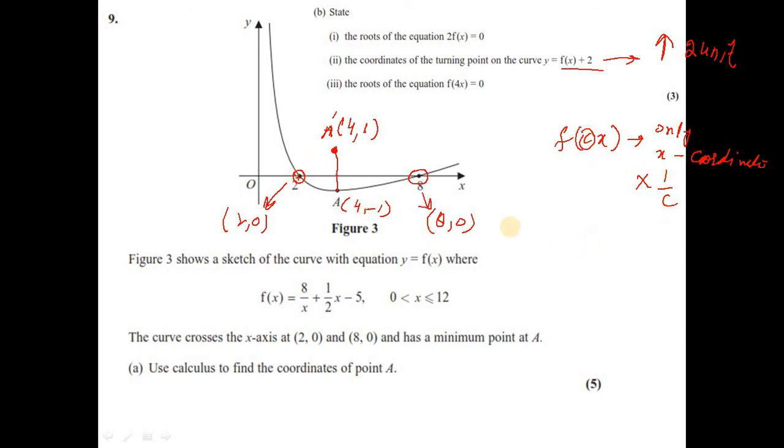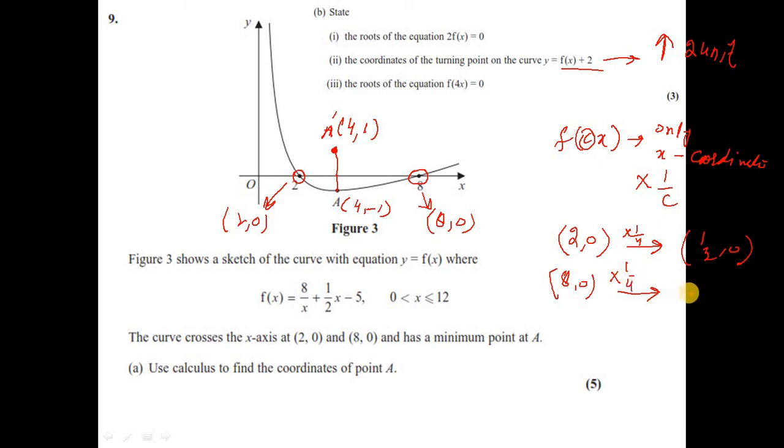That means the first root is (2, 0). Because this is 4x, you multiply the x coordinate by 1 upon 4. It will give you (half, 0). And then the second root's coordinates are (8, 0). Again it will be multiplied by 1 upon 4.